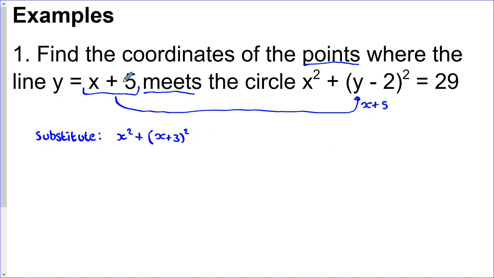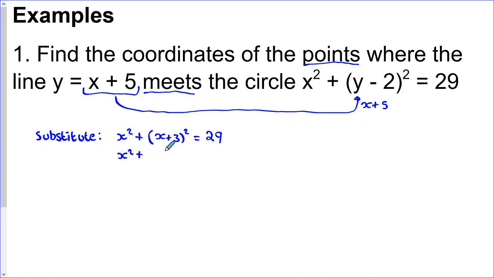So that x plus 5 is going in there, and we're subtracting 2 off it. And it's still squared, and that equals 29. So we're going to need to expand this, make it equal to 0, and then we'll be able to solve that to find these x coordinates where these two things coincide, i.e. where they intersect.